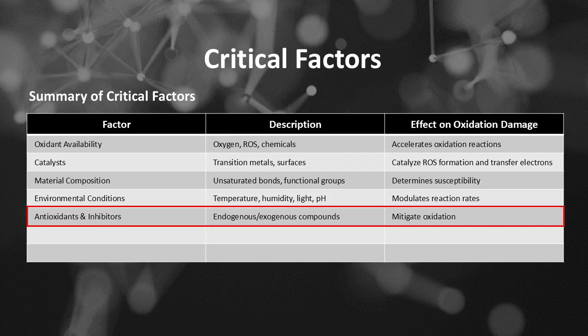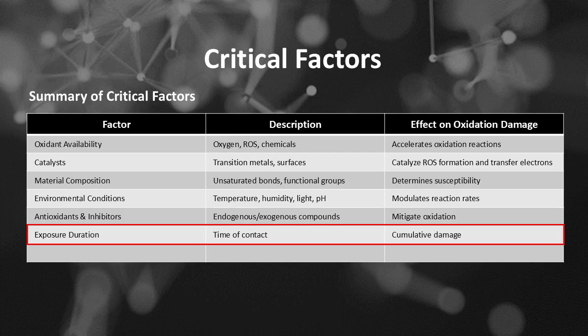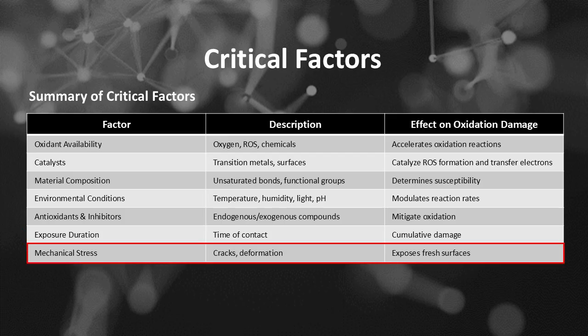When the critical factor is antioxidants and inhibitors, the description is endogenous/exogenous compounds, and the effect is that they mitigate oxidation. When the critical factor is exposure duration, the description is time of contact, and the effect is cumulative damage. When the critical factor is mechanical stress, the description is cracks and deformation, and the effect is that it exposes fresh surfaces.